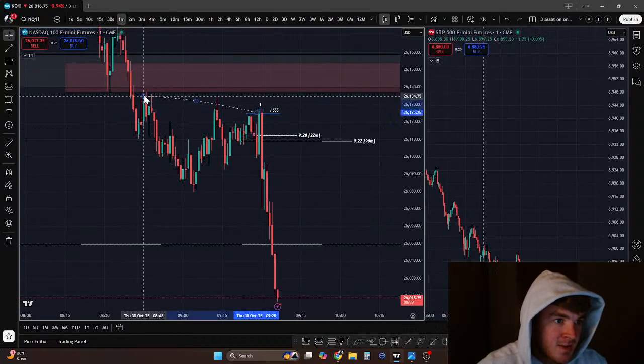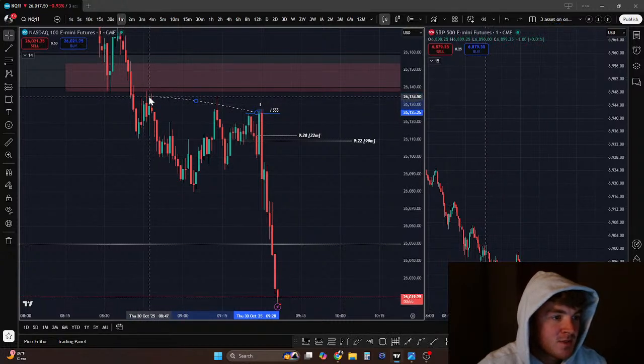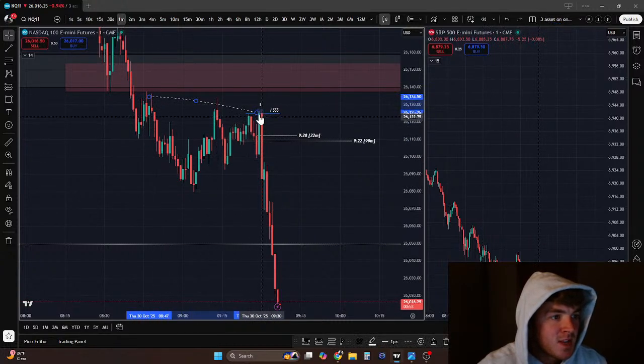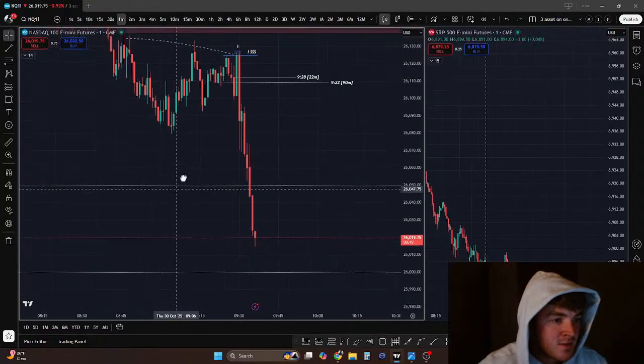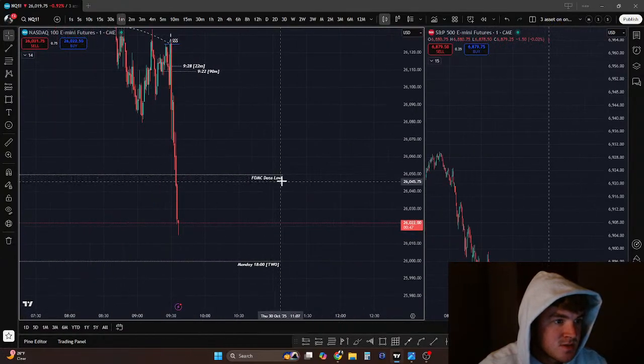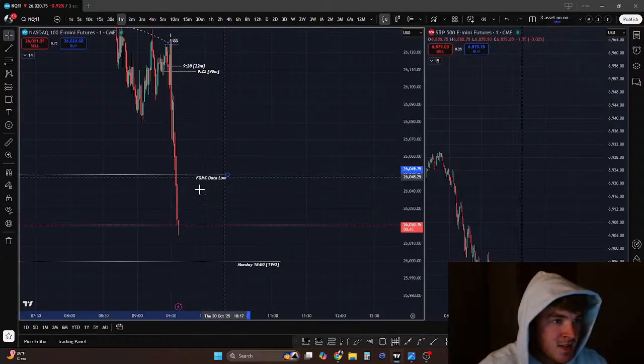But do you see what I'm saying about the high resistant liquidity stuff, right? This was obvious. This was high resistant. We induced the high above the true opens, and then delivery lower. The FOMC data low.